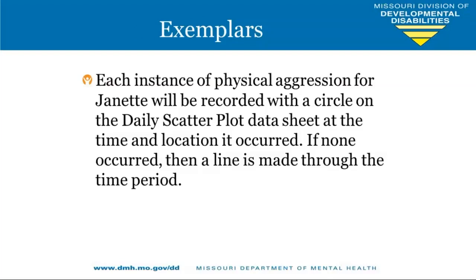It also makes it easier to transition the data into a visual analysis of the target behaviors, and it also tells staff what to do when the behaviors do not occur. So I love this one.